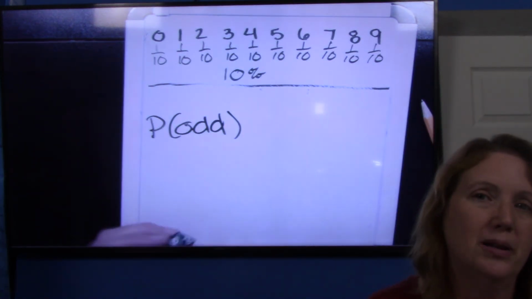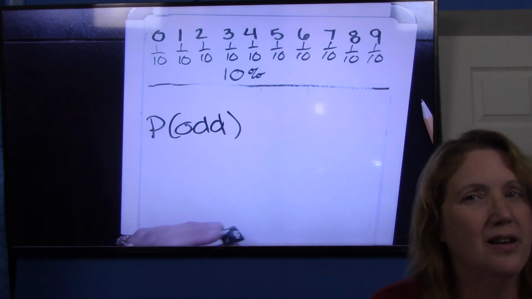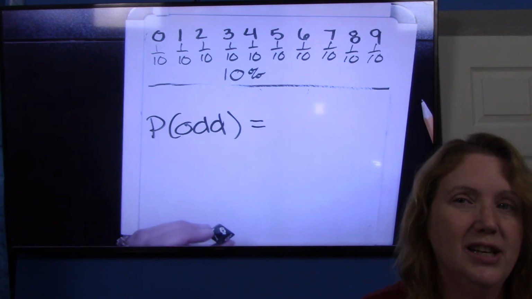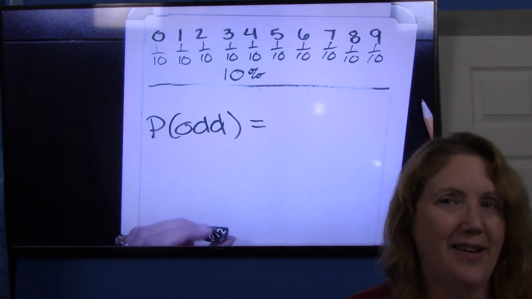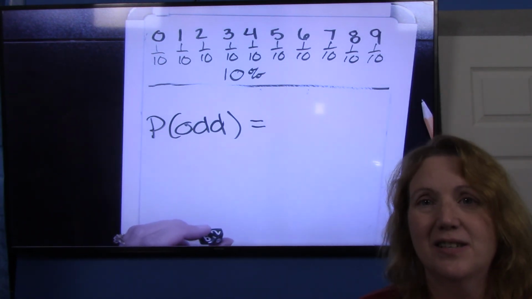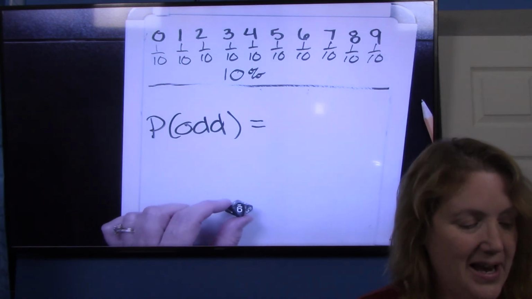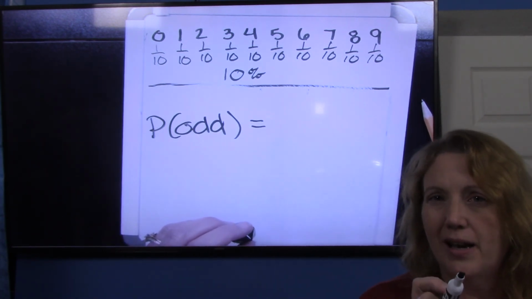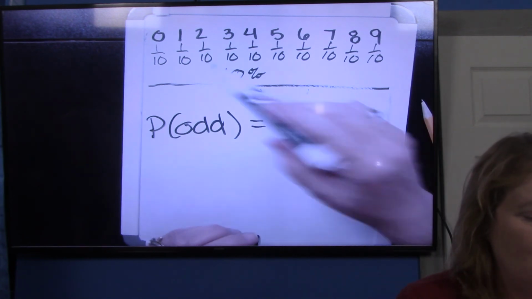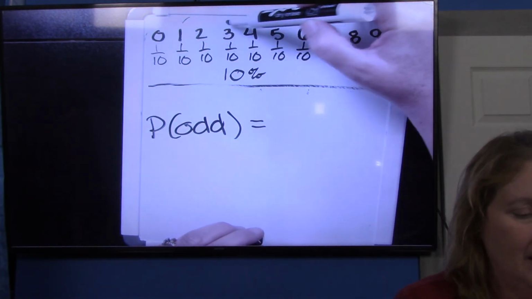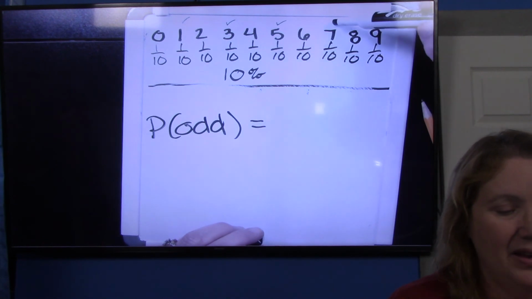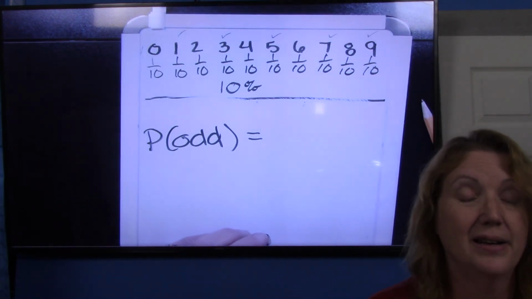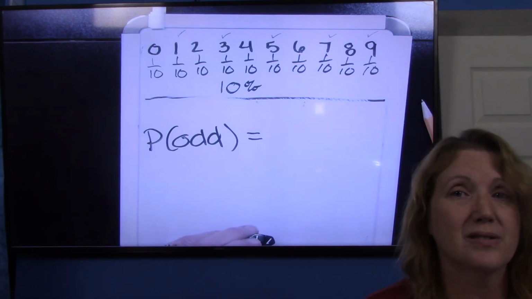See if you can give that to me as a fraction and as a percent. And that's how I'm going to take your attendance today. If you're not sure what odd is, odd means 1, 3, 5, 7, or 9. Those would be your odd numbers.